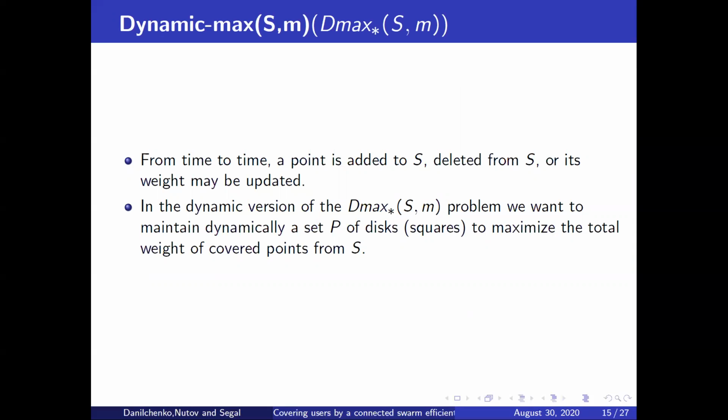A reminder of our main problem under the model of connectivity provided by a third party. From time to time, a point is added to set S, deleted from set S, or its weight may be updated.